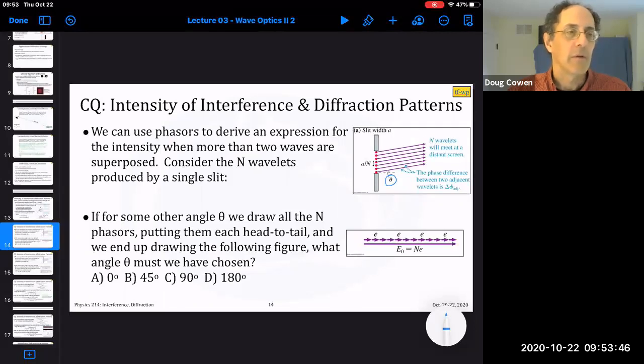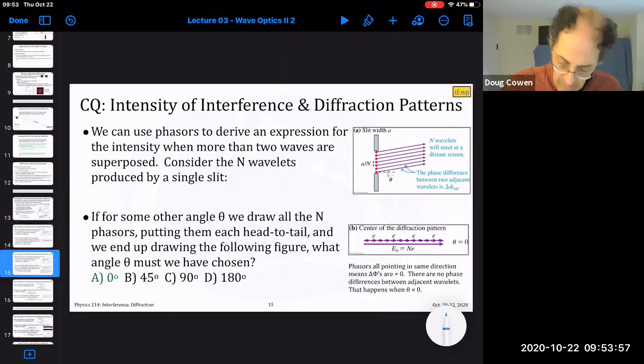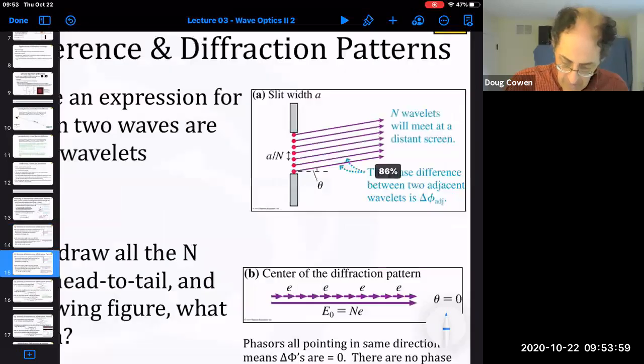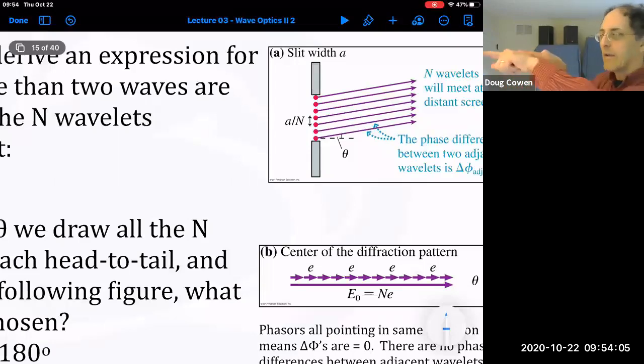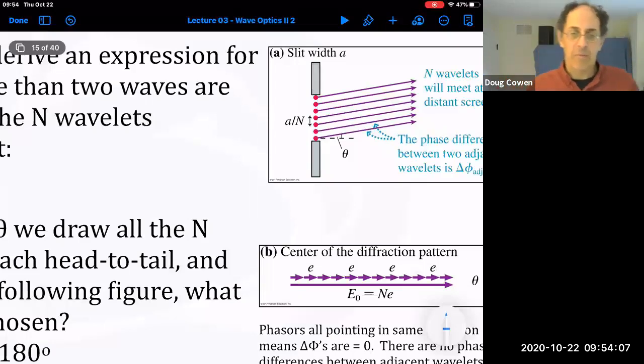All right. So most people chose the answer A, which is the correct answer. So it's 0 degrees. And the way of thinking of this is, when you draw all these phasors, in this case, they're all drawn horizontally, like this, one on top of another. The relative phase between each of those phasors is 0 degrees.